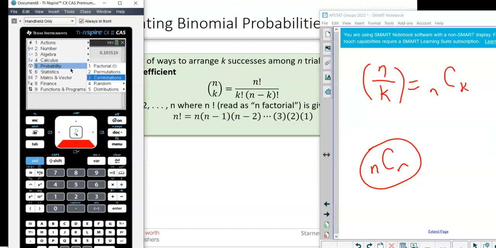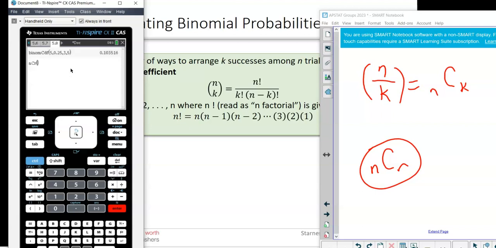So it's a combination or a permutation. NCR is a combination and PR is a permutation. So menu 5.3 is how to get to NCR, and it has the NCR command, and you put N comma K, whatever those numbers are. So that's menu 5.3. Those are the commands to get to those.